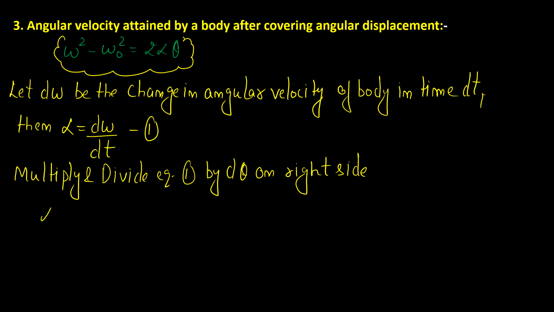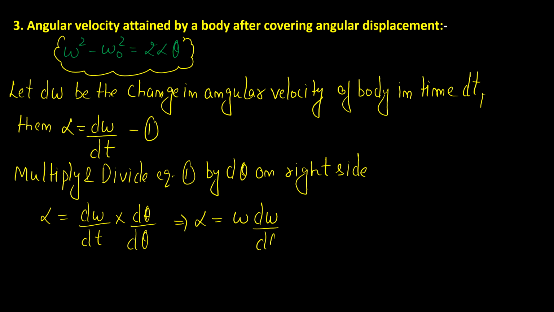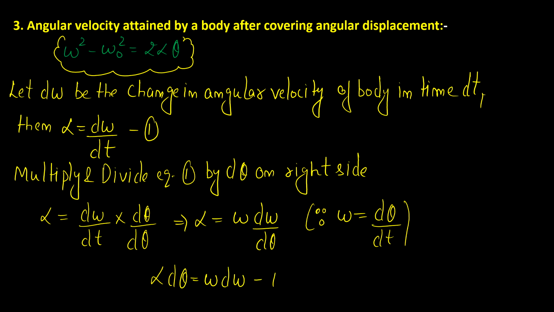We get alpha equal to d omega upon dt multiplied by d theta upon d theta, then alpha equal to omega d omega upon d theta, because omega equal to d theta upon dt. Then cross multiplying, we get alpha d theta equal to omega d omega, which is our equation second.